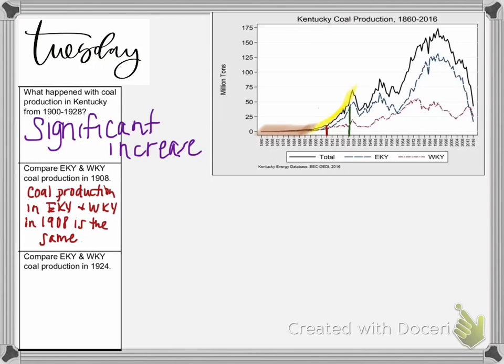So I want you to write something in there about that significant difference. You can compare them where we said that it's about 45 million tons to about 15 million tons. So that's a difference of about 30 million tons. And you could say that Eastern Kentucky is producing about 30 million tons more.